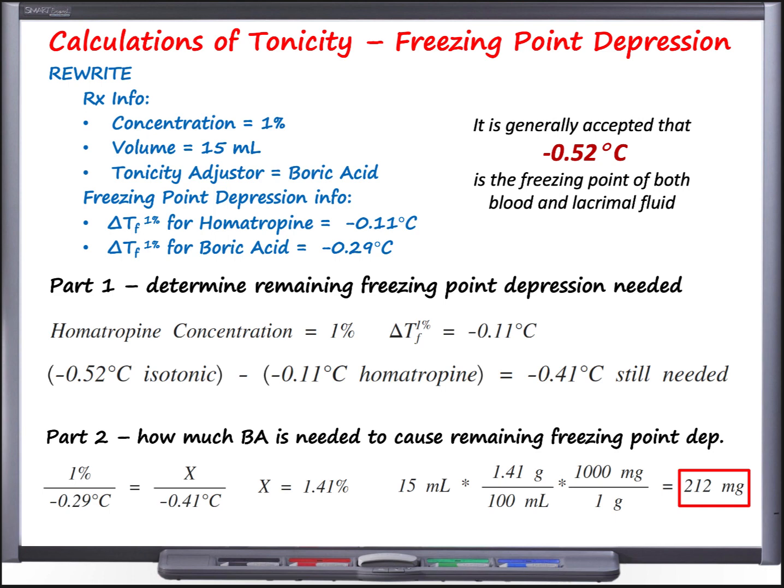So hopefully this illustrates for you how you can use this concept of freezing point depression to formulate a product such as an eye drop so that the final product has whatever drug concentration you want to be therapeutically active, but you can add other ingredients in sufficient amounts to get the final product to be isotonic.